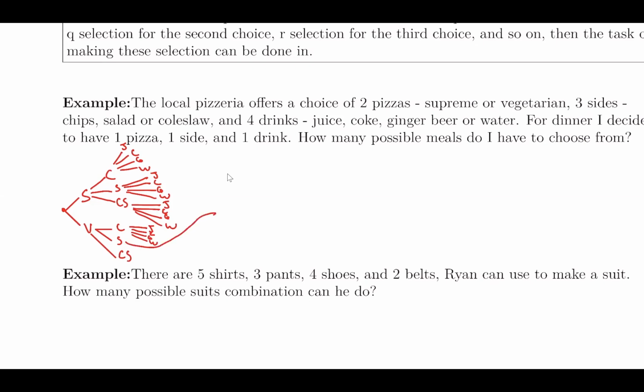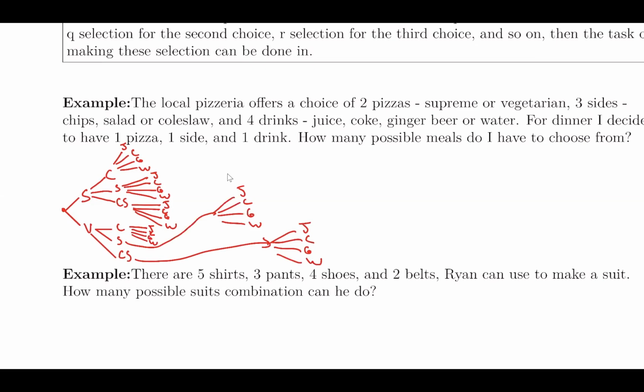Let's extend this one out because I don't have enough space anymore. We have juice, Coke, ginger beer, and water. And lastly, we'll do this one too. We have juice, Coke, ginger beer, and water. So technically, those are all of the different combinations I could get.